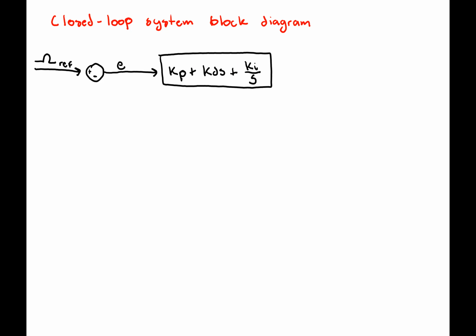So this is the equation of our controller. Let's call this C. And then the output of our controller is U. And let's put our transfer function, which is our plant, 0.6 s plus 0.08.